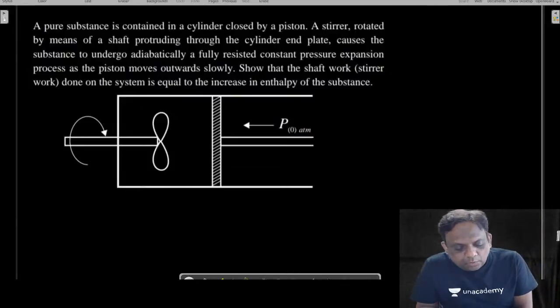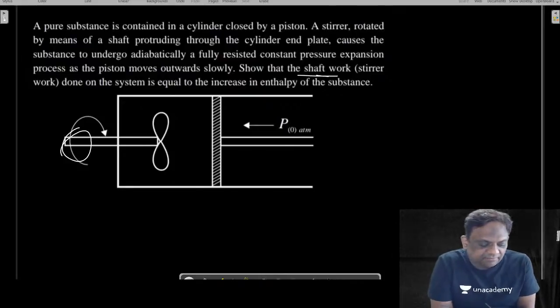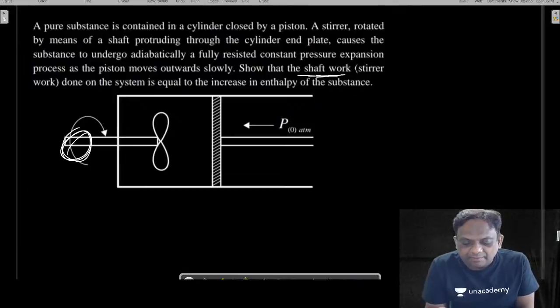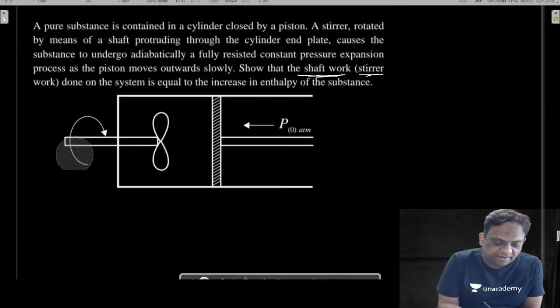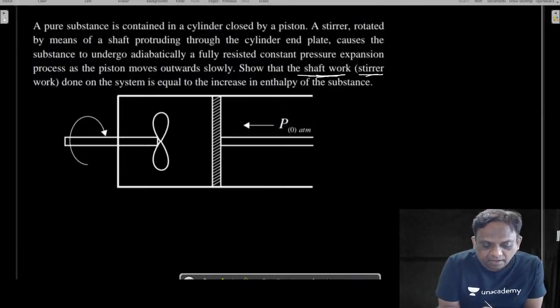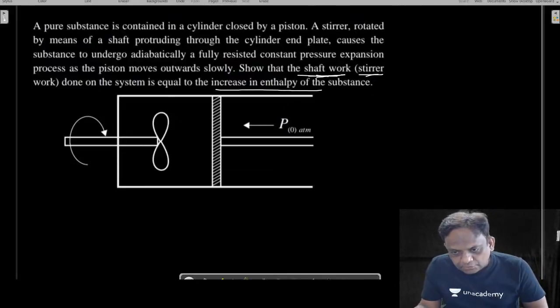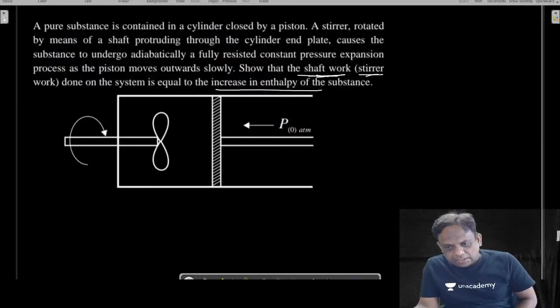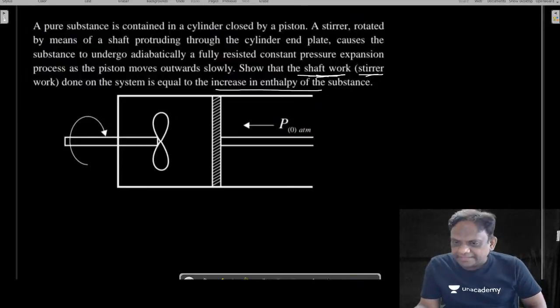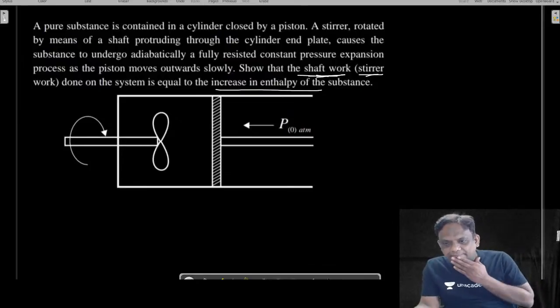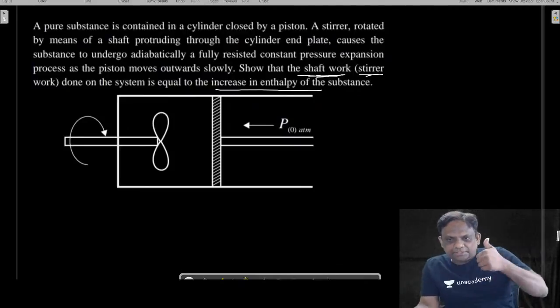As the piston moves outward slowly, show that the shaft work, meaning paddle wheel work, on the system is equal to increase in enthalpy. Good students. You solved it? Wonderful. Thank you. Good questions.